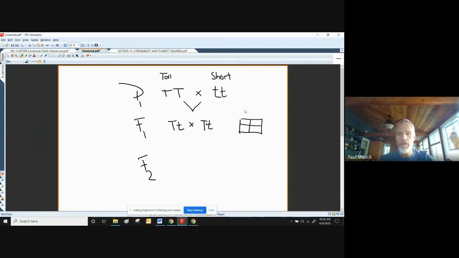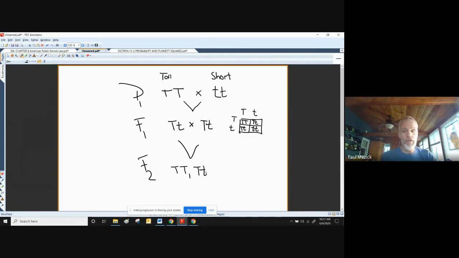right? I should have made it a little bigger, but that's okay. So when you take this, that's what one of these are, and you cross it with another one. Let's just make sure we get this right. So now, all of a sudden, in this generation, he gets some of these. He's like, all right, well, the other generation was tall. He gets some of these.